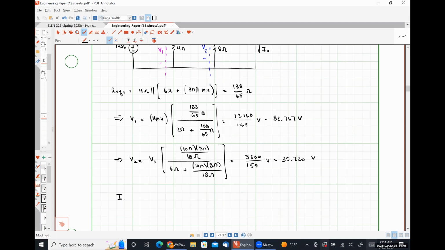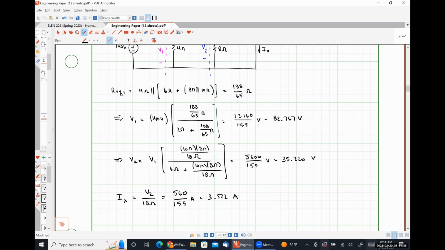And from here, IX is simply V2 over 10 ohms. That's 560 over 159 amps, or 3.522 amps.